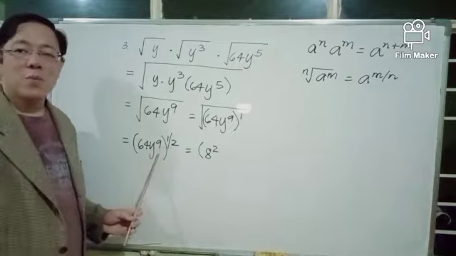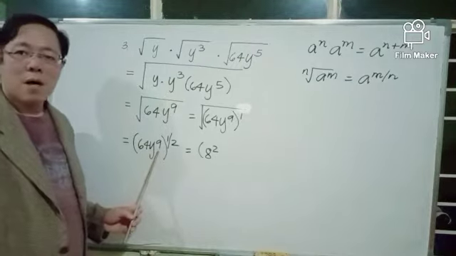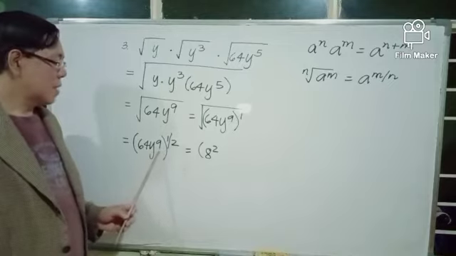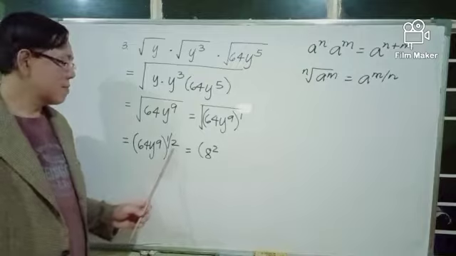Now the exponent of y is an odd number, and 9 is not exactly divisible by 2.